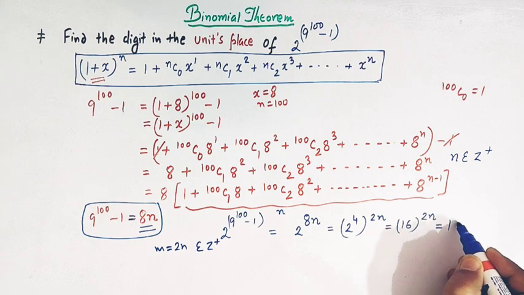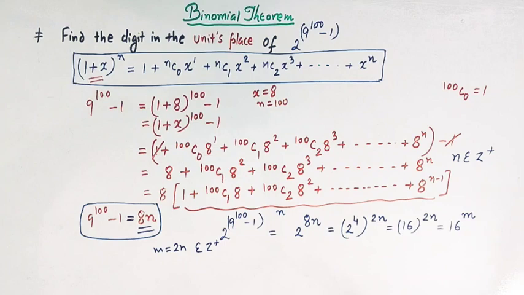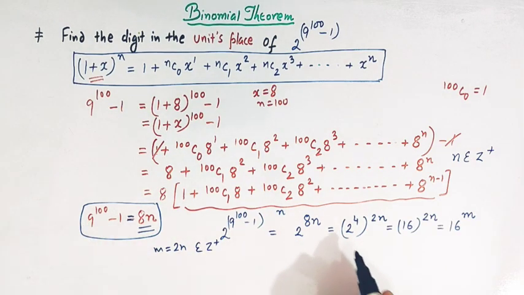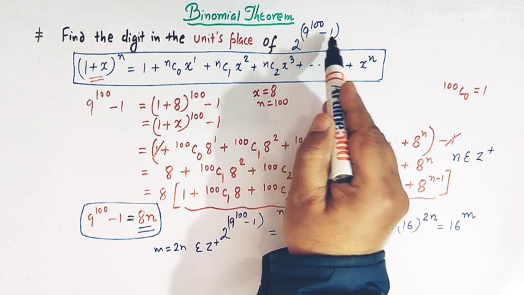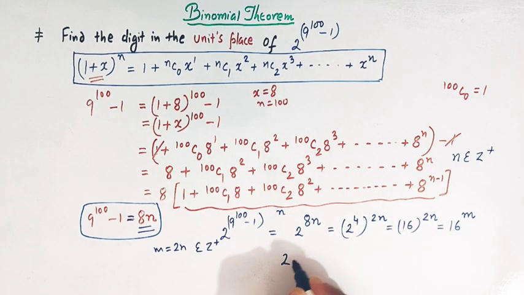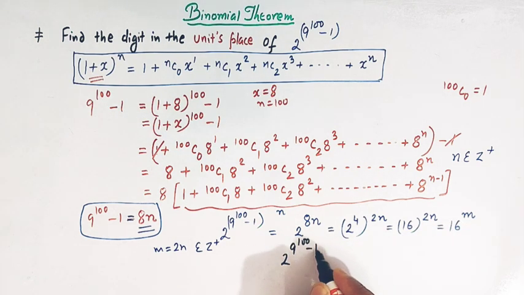So now we can write it as 16^m. So we have got this number, 2 raised to (9^100 minus 1), is equal to 16^m.